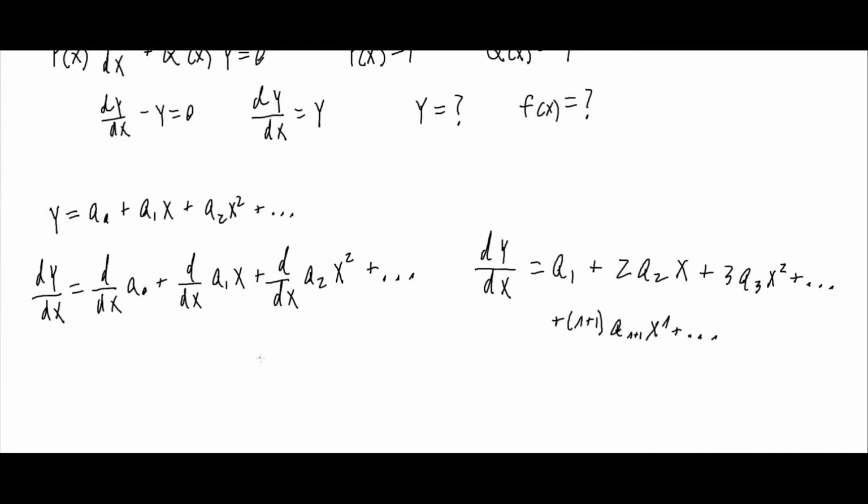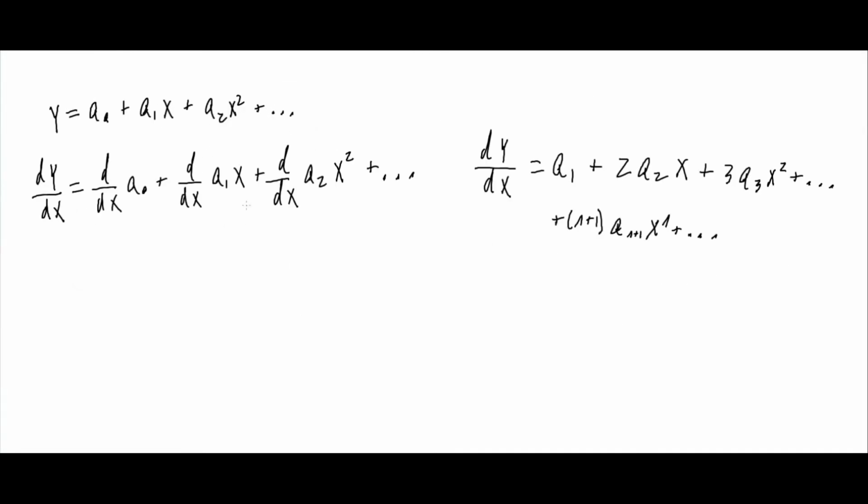And since we said that dy dx is equal to y, we can set these equal to each other, and we can set each power of x equal to each other. So a1 with no x and a naught with no x. So we say that a1 is equal to a naught.